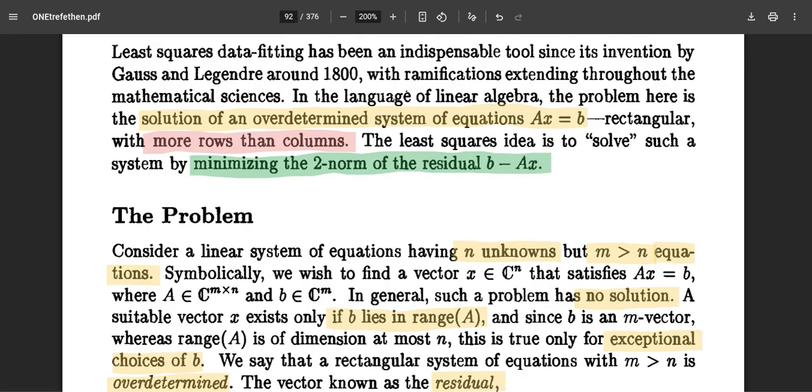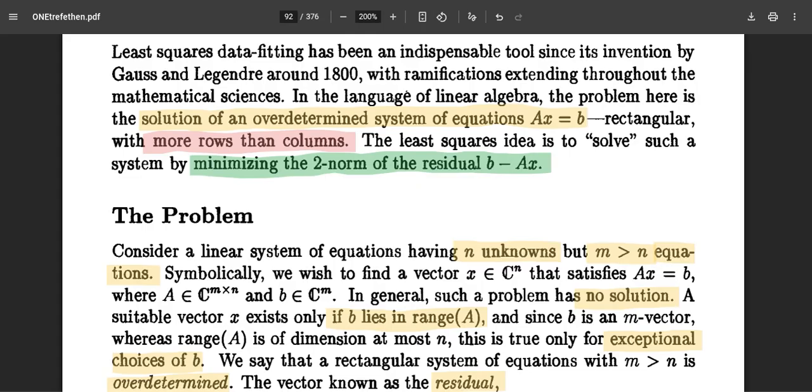We have an m-dimensional vector space, and the column space is spanned by the range of A, where the number of vectors spanning the range of A is n, which is typically less than m. So it is a subspace of the m-dimensional space. Obviously b lies in an m-dimensional space, but most generally it doesn't belong to the subspace spanned by the range of A.